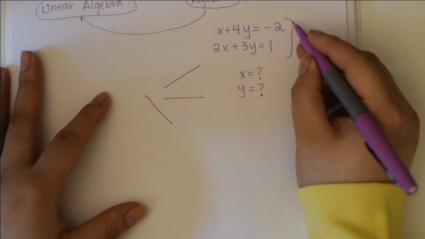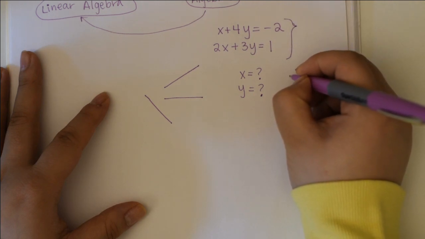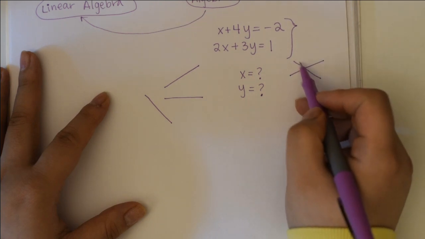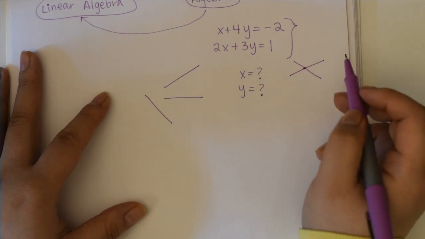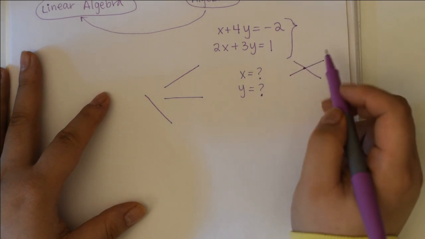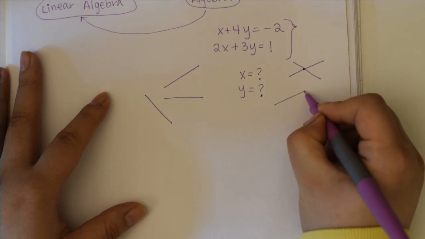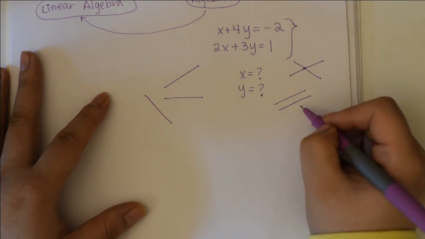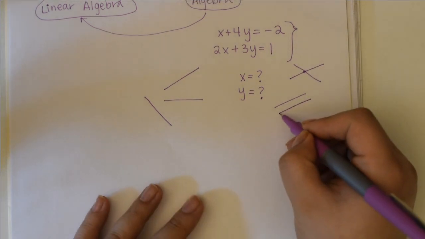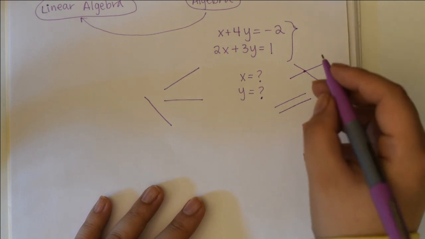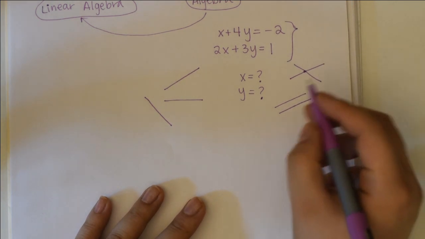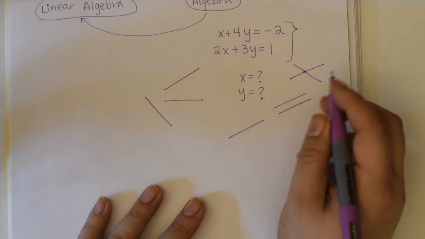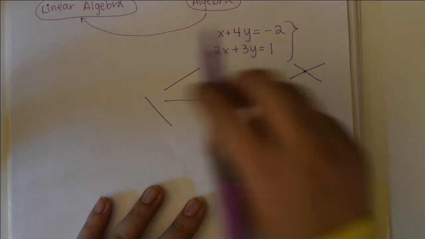So the number of possible solutions will either be just 1, because those two lines intersect at one point, or the two lines might be parallel, so they'll never intersect, which means 0 solutions, or the two lines are basically the same line, one on top of the other, which means an infinite number of solutions.